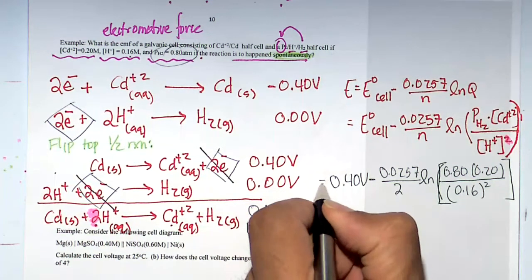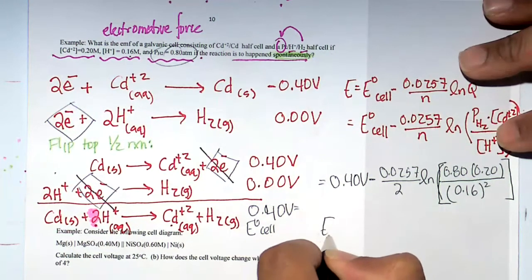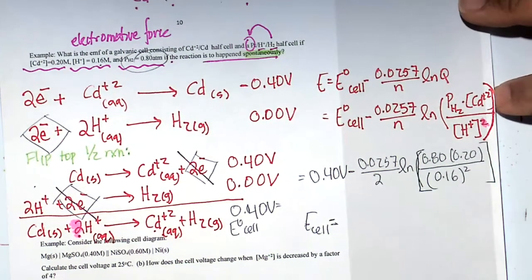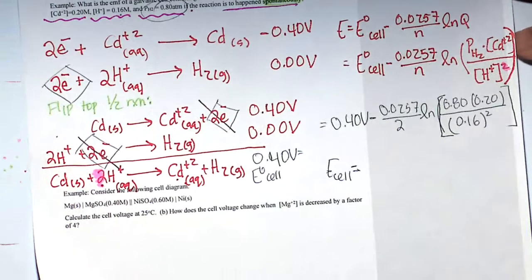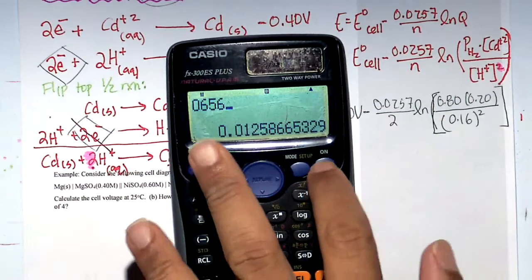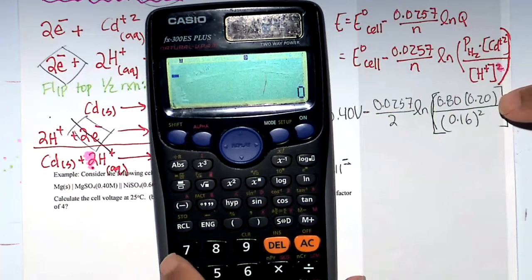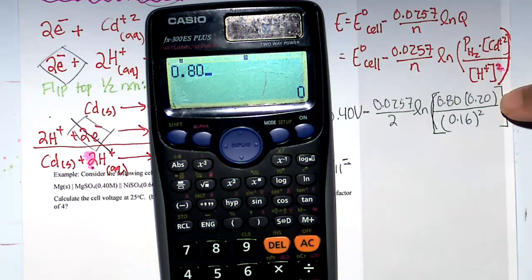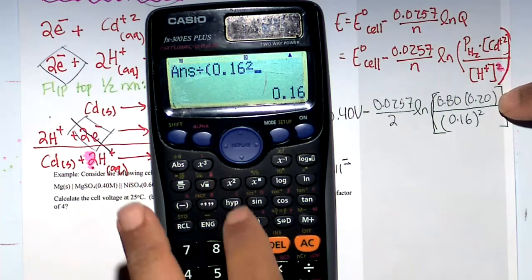And that will give us the E of the cell under these conditions. Let's go ahead and do that. Let's be careful on our calculator as before. So here's how I'll do it. I'll do 0.80 times 0.20 divided by 0.16 squared.